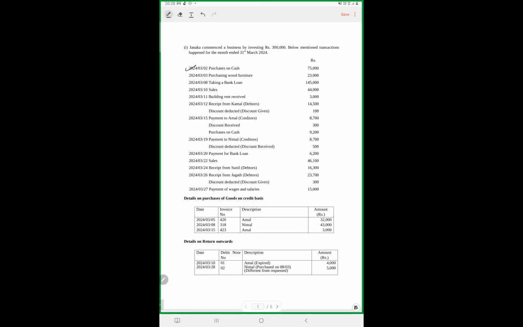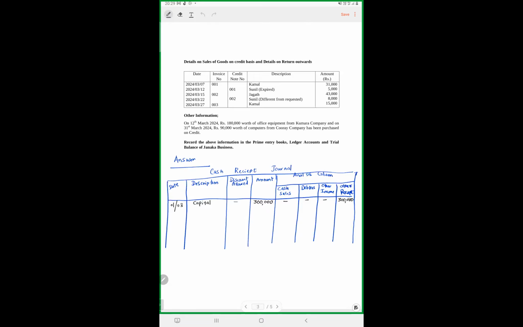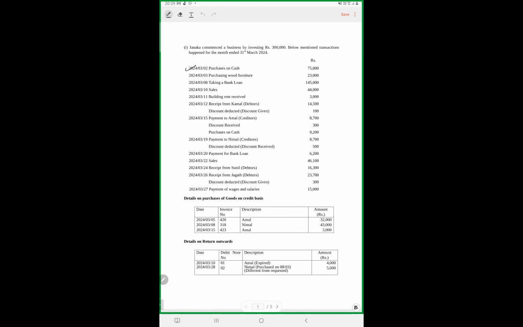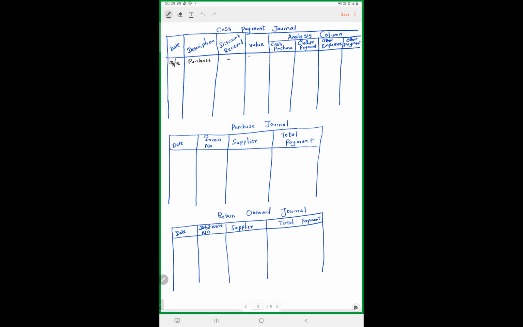Therefore we need to record it in the cash payment journal. 2nd March, purchase, no discount, value 75,000. Because we are purchasing the item, we need to include it in cash purchase.